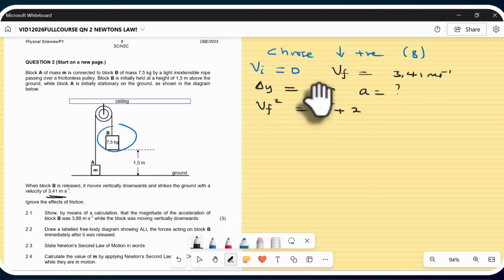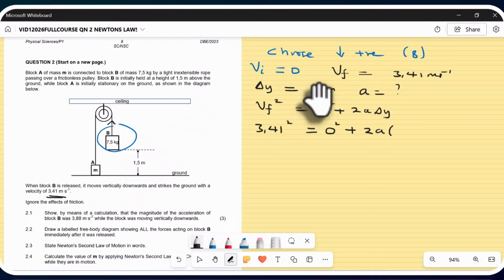So I have V final, that is 3.41 squared, V initial was 0, so 0 squared, plus 2 times the acceleration. Now acceleration here is not 9.8 because of the tension which you see in the string. So I'm looking for the acceleration, times change in y, which is 1.5.